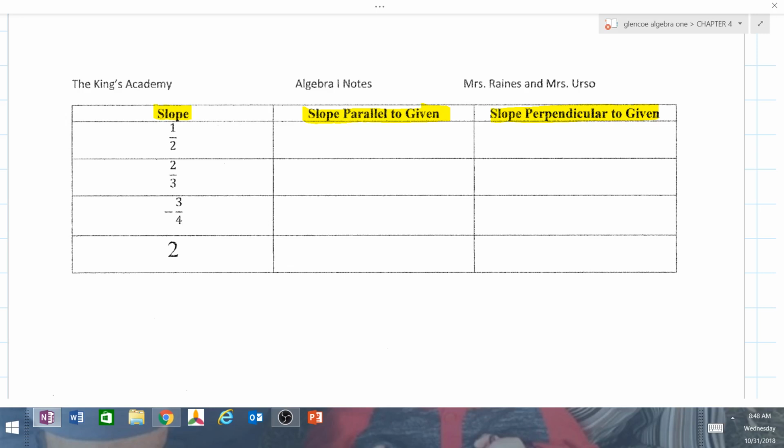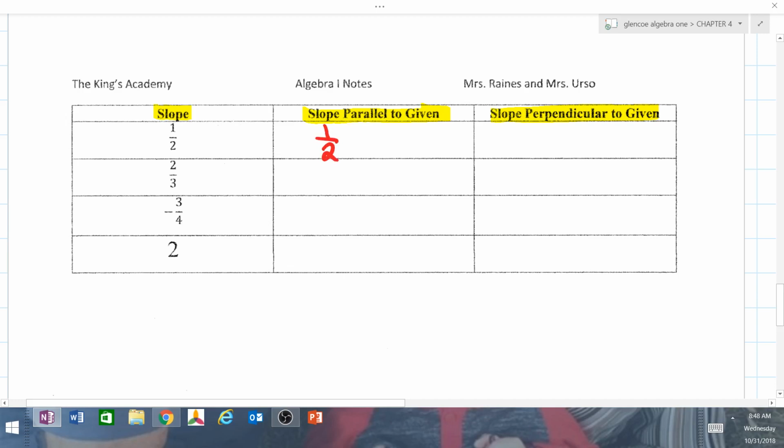Identify the slope. So let's pretend that our first line had a slope of 1/2. If we want to write an equation of a line parallel to it, parallel lines have what type of slope, guys? So a slope parallel to a line that has a slope of 1/2 would have a slope of what?